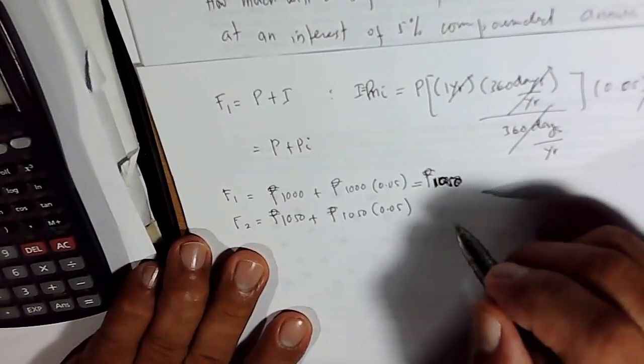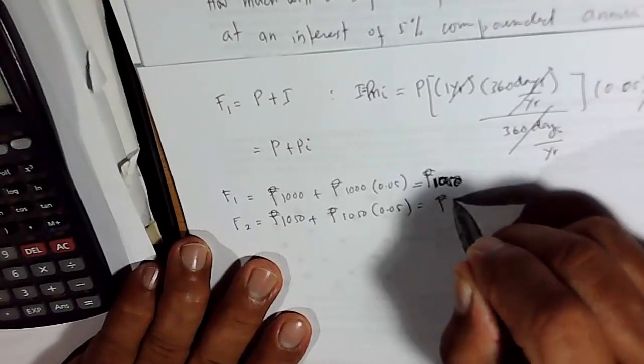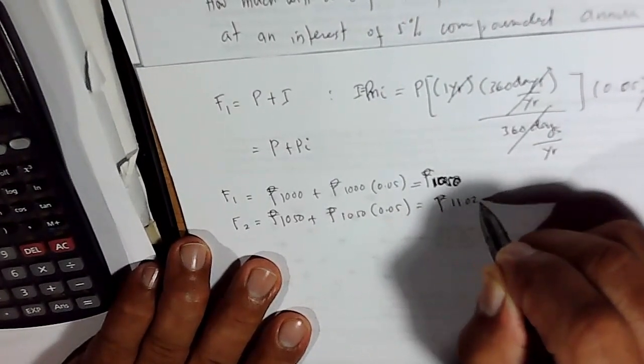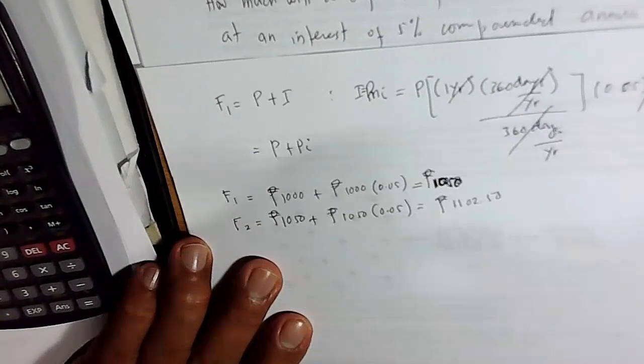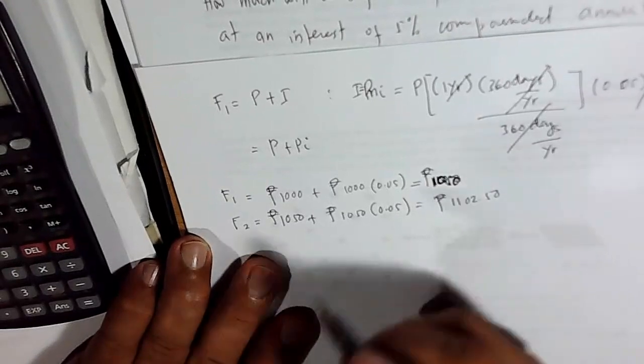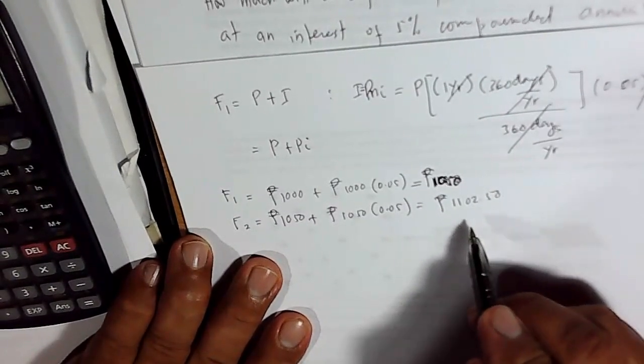So we have 1,102.50, and this will become the beginning principal for the third year.